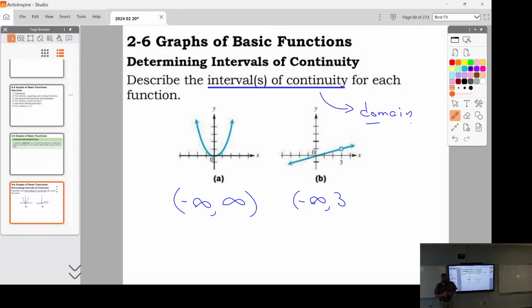Parenthesis or bracket? Parenthesis, because if you say bracket, that means the point 3 is included. Is 3 included? No. So how high does it go? Keep going until you get there. Can you get there? You can't get there. So parenthesis. You cannot tell me the exact value that the continuity stops. He was exactly right.